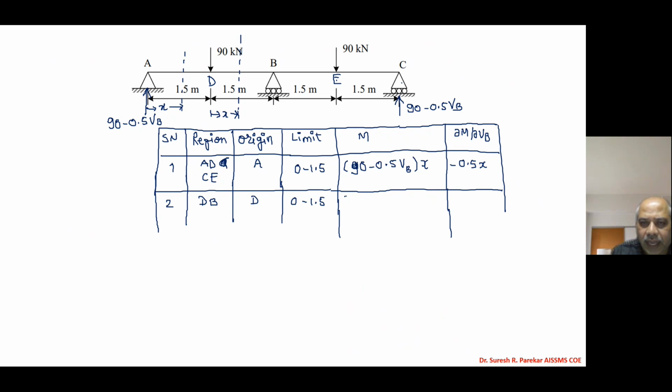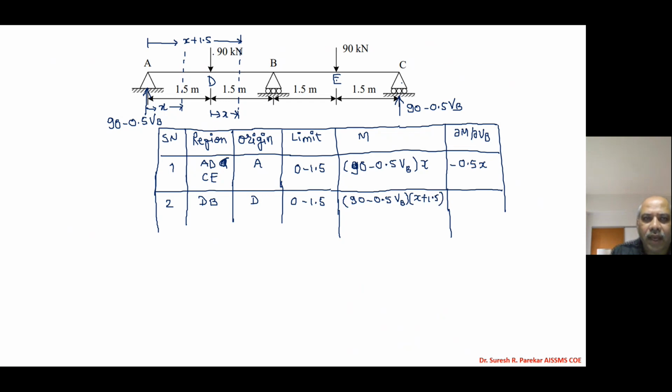We have VA, 90 minus 0.5 VB, into the distance, which is X plus 1.5 up to this point.